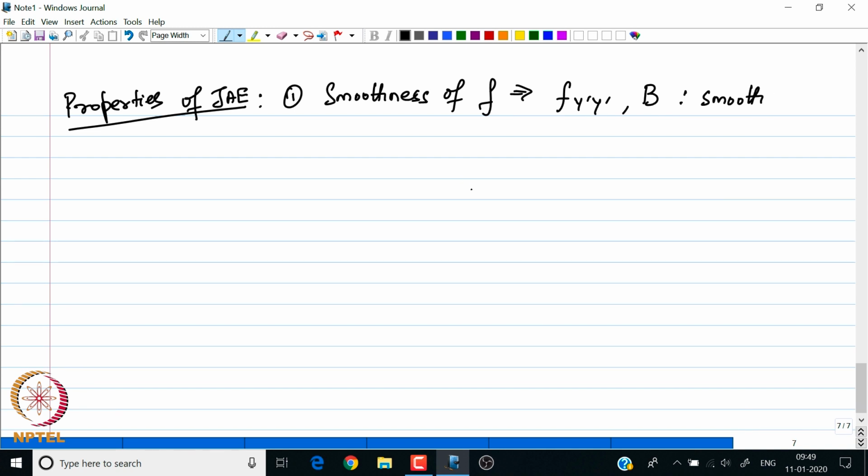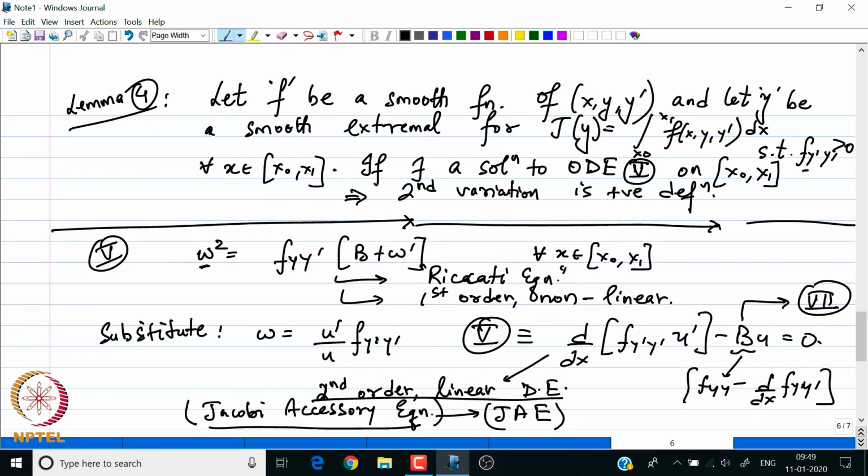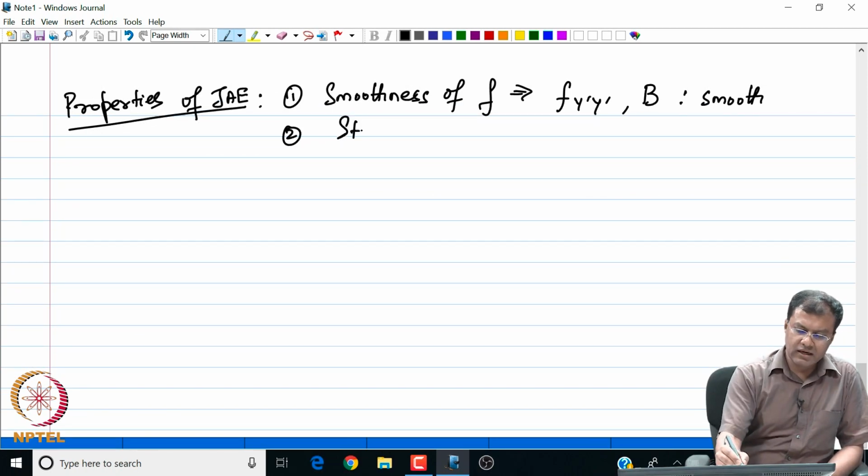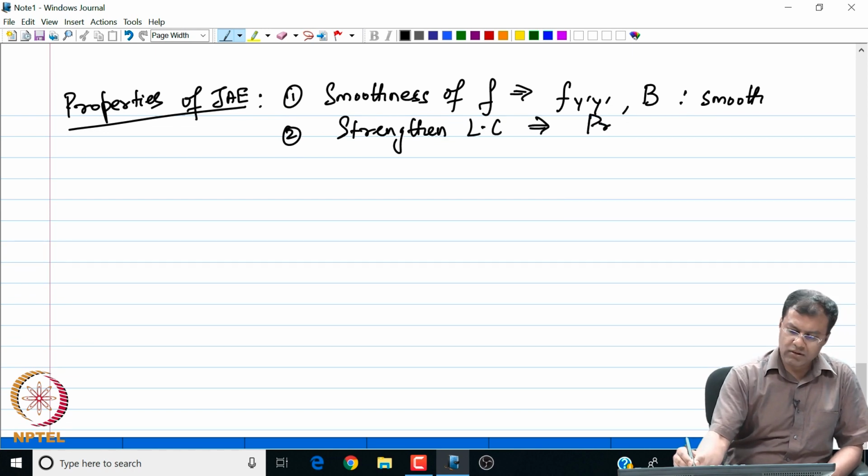Further, we have also assumed that the strengthened Legendre condition holds, which means that the coefficient of u prime in this derivative is non-zero, which means that the problem is non-singular, there is a solution to this problem. So, my strengthened Legendre condition implies the problem is non-singular.